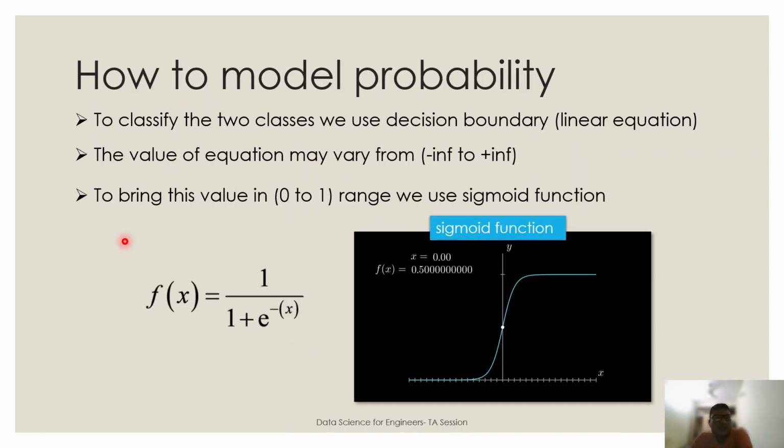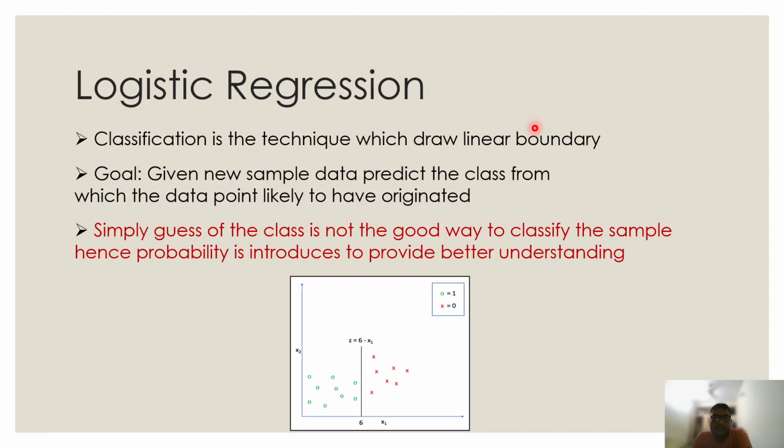So now, to model the probability, to classify the two classes, we use the decision boundary. That's what we told right now. Here you are able to see this decision boundary created, that is z equals 6 minus x1. Whatever x1 value you put, if you put x1 equals 6, then z equals 0.